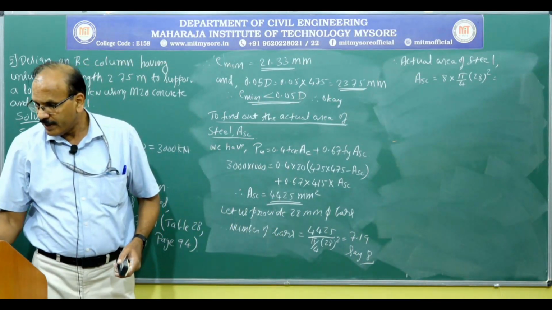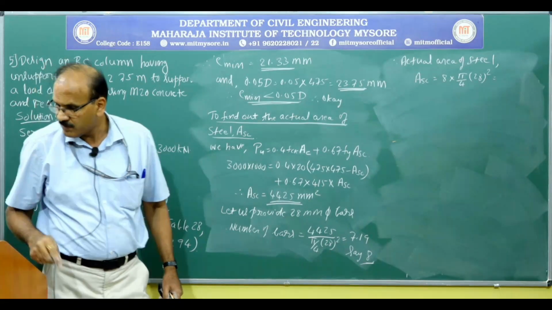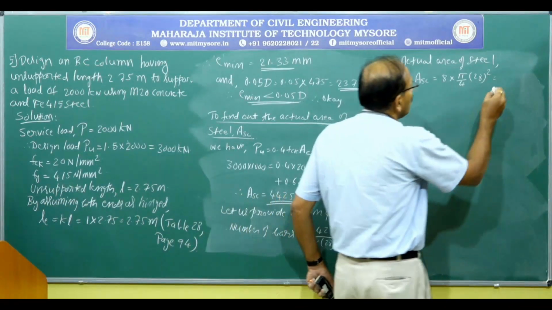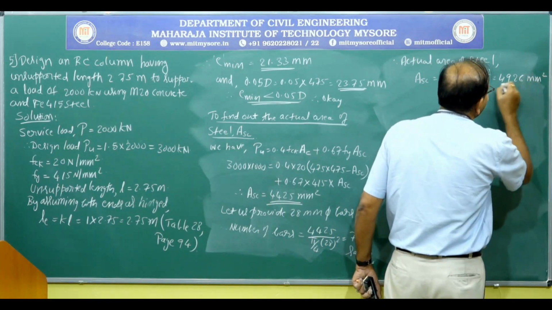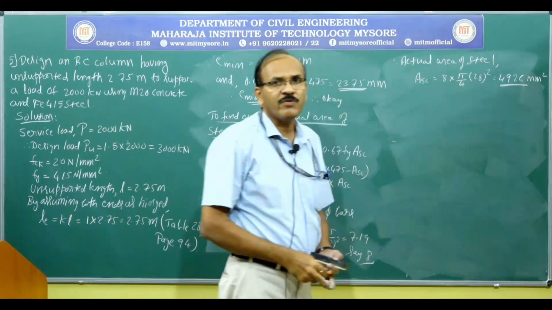Okay. So that is 4926 millimeter square. That is the actual area of steel provided.